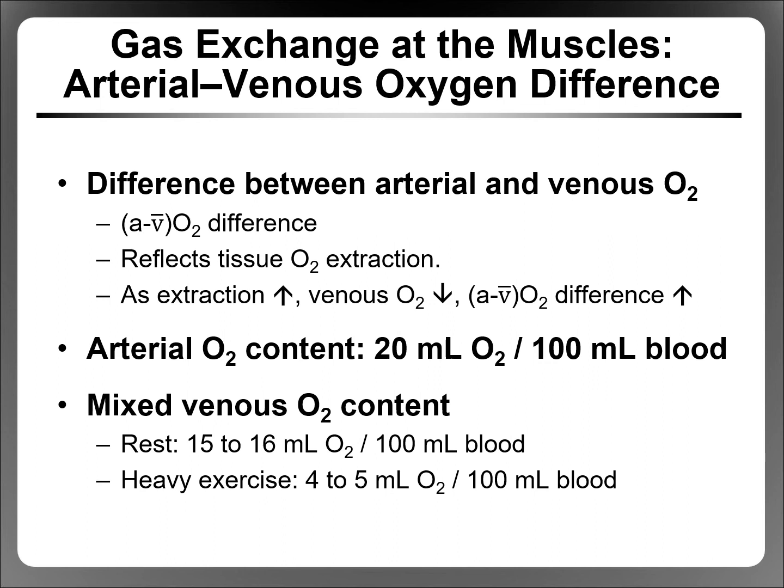So we see there's only an AVO2 difference of 4 here. So 20 minus 16 equals 4. However, with heavy exercise, we can take the mixed venous O2 content to 4 to 5 milliliters of oxygen. So 20 minus 5 means I have an AVO2 difference of 15. So this shows that I have an increase in extraction due to physical activity.